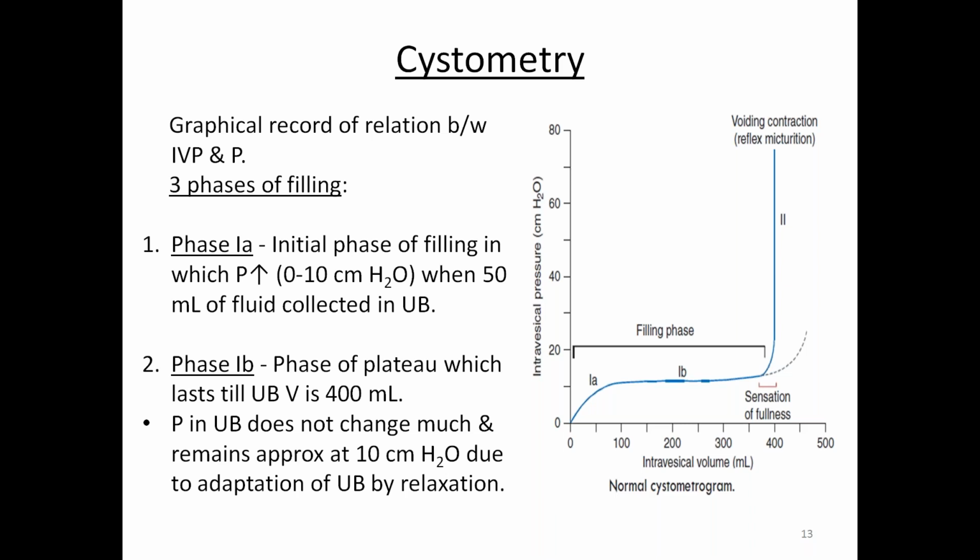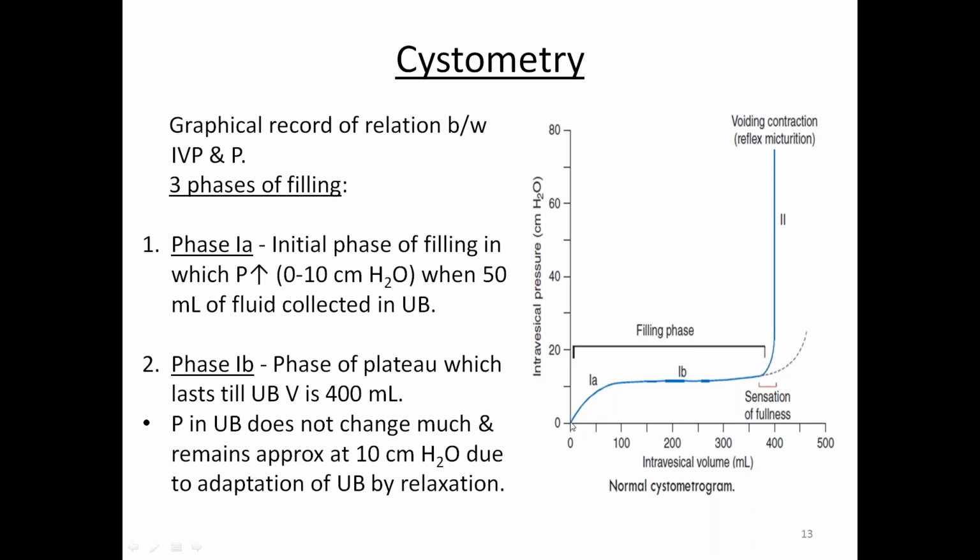Here what you see is a normal cystometrogram, which shows three phases of filling. First is phase 1A. This is the initial phase of filling, in which the pressure rises from 0. This is your intravesical pressure, this is your volume.